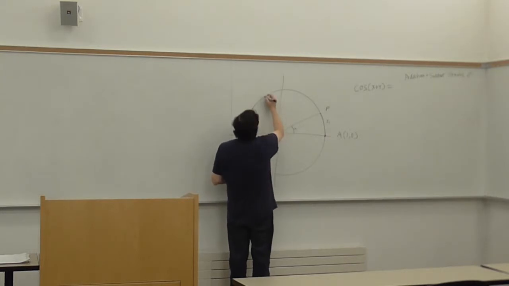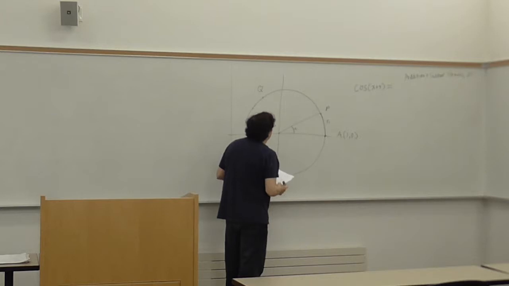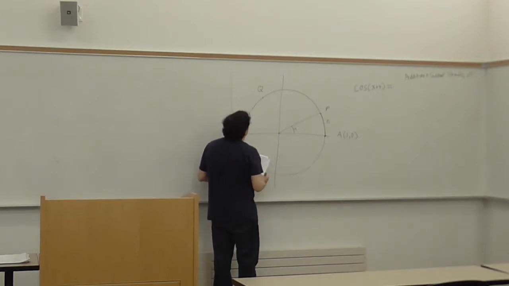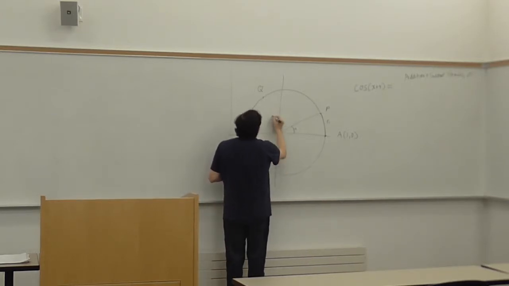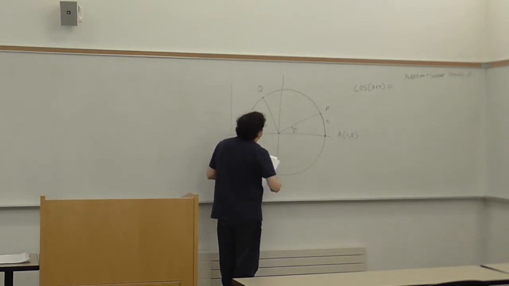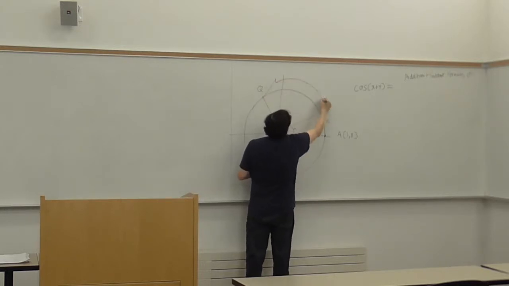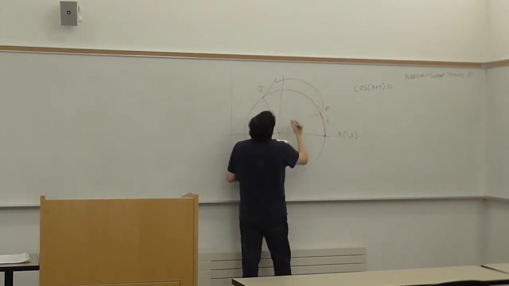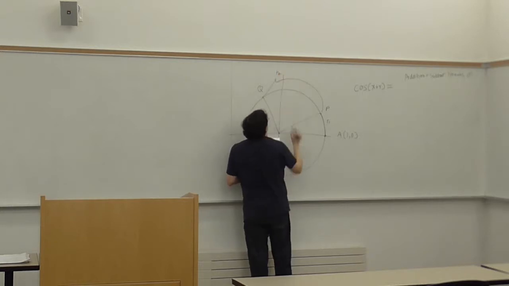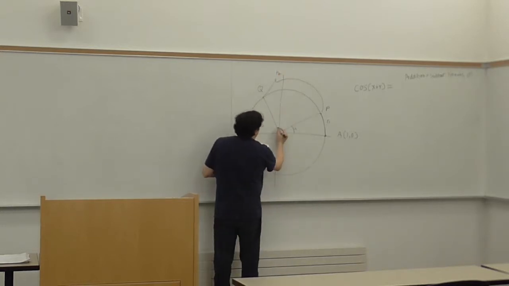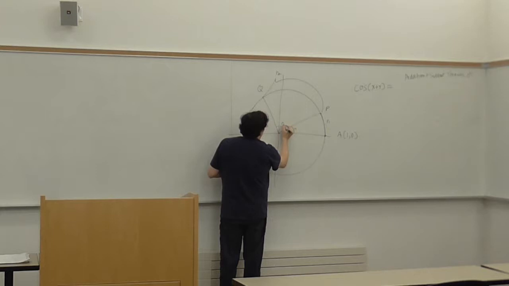Next, we're going to pick another arbitrary point we're going to call Q on the circle, and again draw a radius. Now we're going to label this arc between Q and P R2. So of course this angle here is going to be R2.